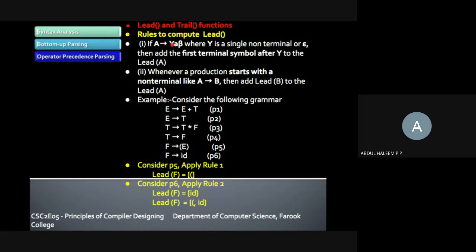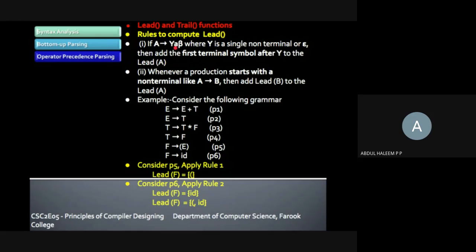So after Y, what will happen? After Y, we get a. Here a represents an operator or terminal. After a, beta can be a group of strings. So if the derivation is A derives Y a beta, then in the lead of A, we can add a.